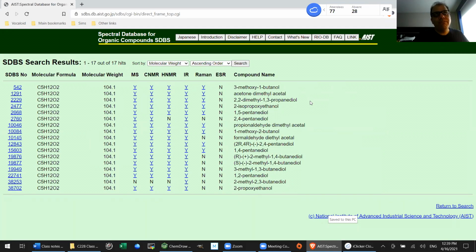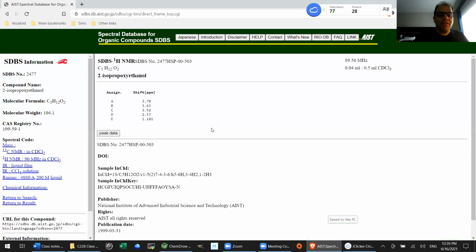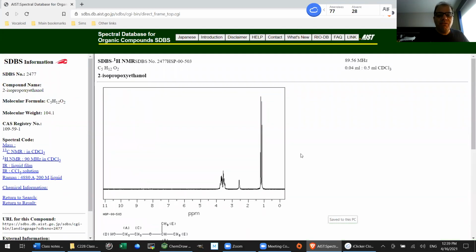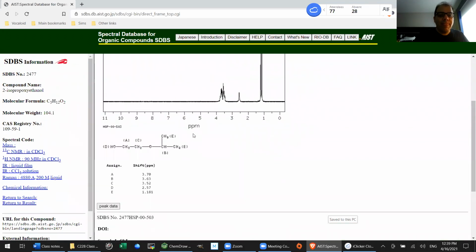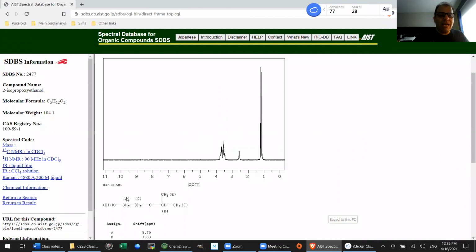2-isopropoxyethanol. That's kind of neat. Ooh. So there's your structure. Yeah, I'm liking that. So it looks to me, we're lucky the 2 methyls didn't wind up being diastereotopic.